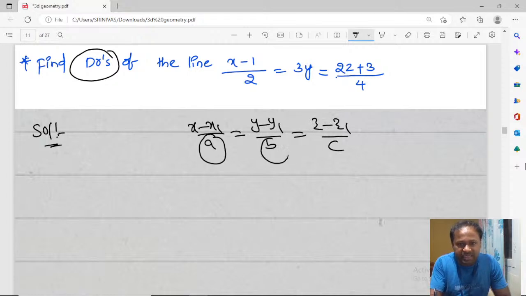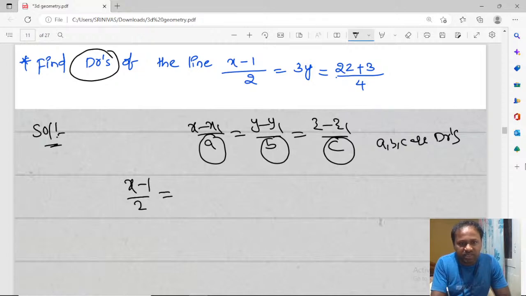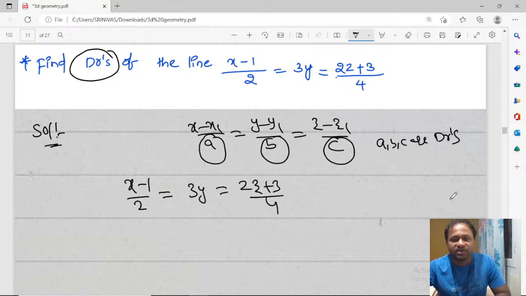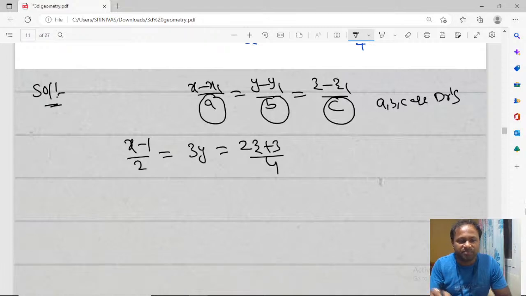Here a, b, c, these are direction ratios. A comma b comma c are direction ratios. Now I will convert the given one. X minus 1 by 2 is equal to 3y is equal to 2z plus 3 by 4. I will convert it into the form. What is that? X minus 1 by 2, no problem.